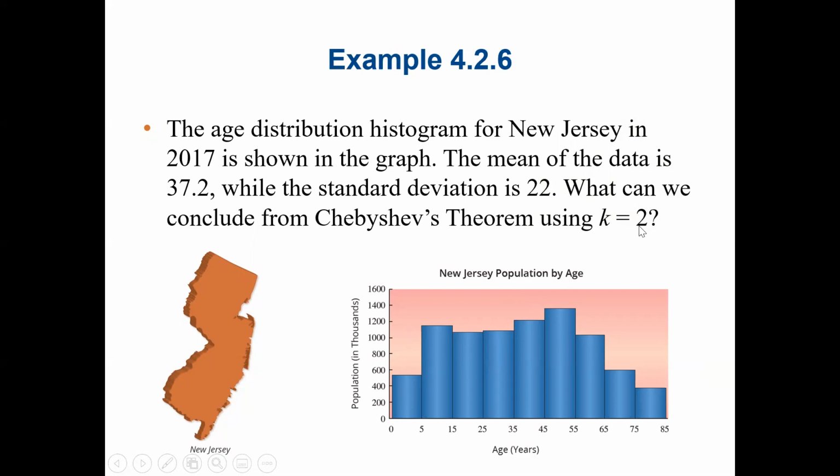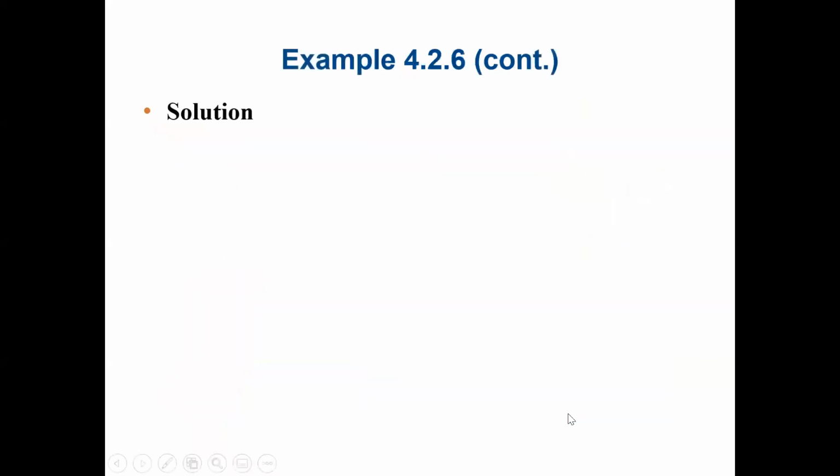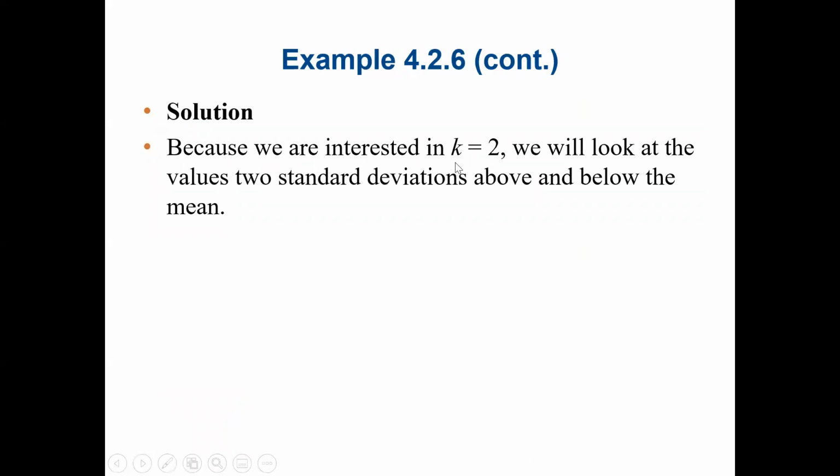So K equal to 2, since we know K is equal to 2, we can make an interpretation here saying that we are going to find the interval where the population will fall within these 2 standard deviations. So the solution here will be, because we are interested in K equal to 2, we will look at the values for 2 standard deviations above and below the mean.